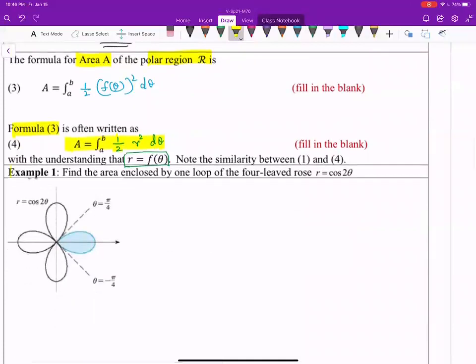We'll take an example based on this information. Find the area enclosed by one loop of the four-leaved rose r equal to cosine 2 theta. Please refer to the graph that we did elaborately in section 10.3. We actually graphed this one.